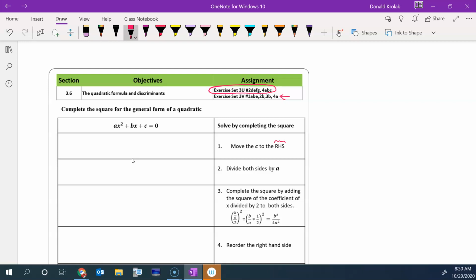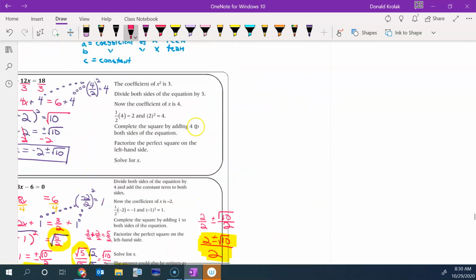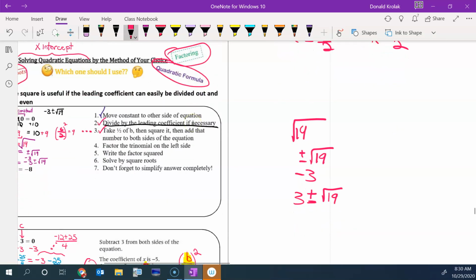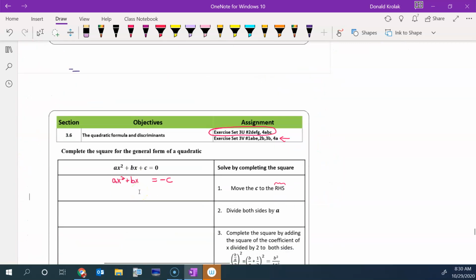All right, so I'm going to have AX squared plus BX, leave a little bit of space, equals negative C. So I'm doing exactly what we did in the notes where I'm following this recipe right here. Move the constant to the other side. Divide by the leading coefficient if necessary. That's exactly what we're doing, but we're just doing it to a generic equation.